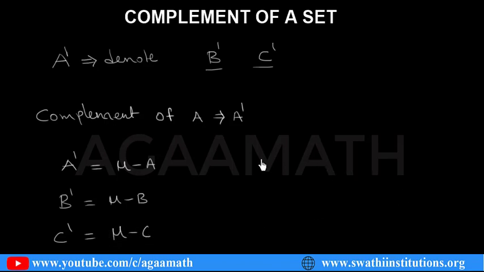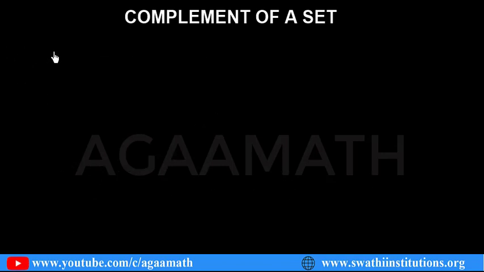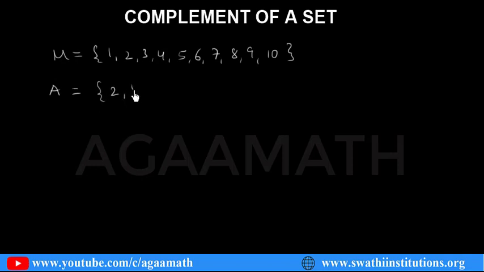So let us take an example to understand. For example, mu equals 1, 2, 3, 4, 5, 6, 7, 8, 9, 10. Let set A equal 2, 4, 3, 5, and set B equal 1, 3, 5, 7.